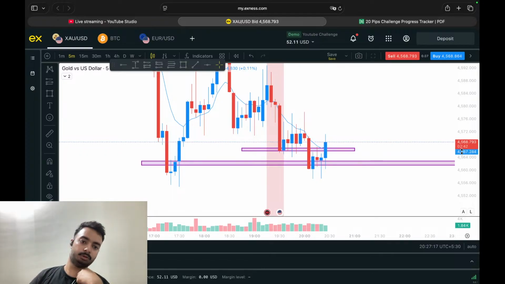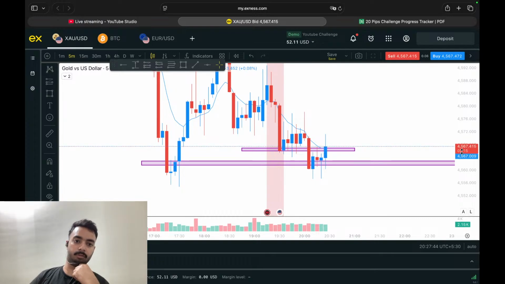We were supposed to take a sell trade, but if gold continues to form this strong bearish candle, we'll change our bias to bullish, and we can possibly take a buying setup because this candle looks very strong, and it's convincing enough to change our bias.